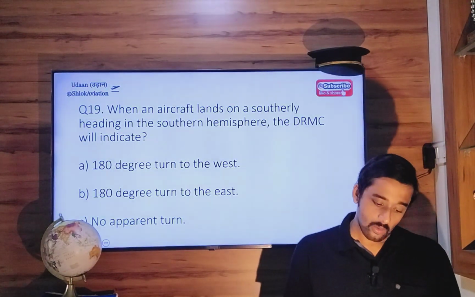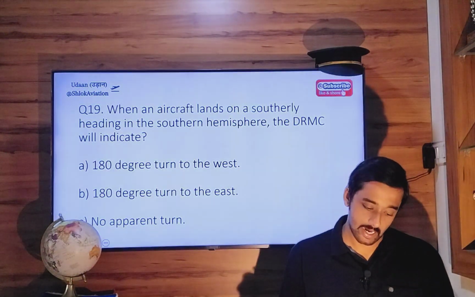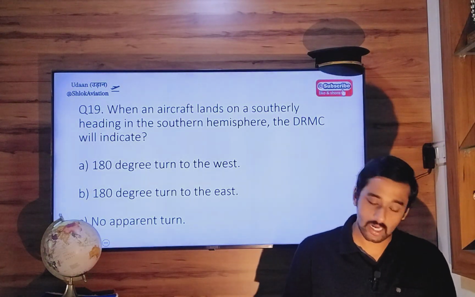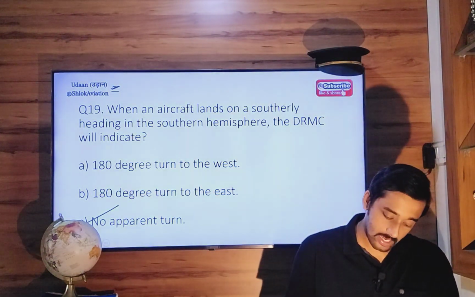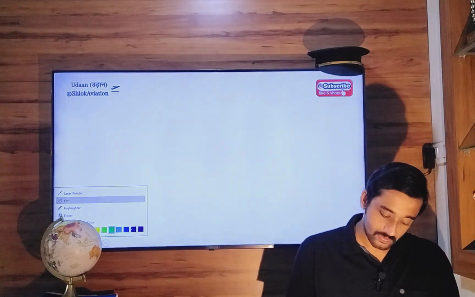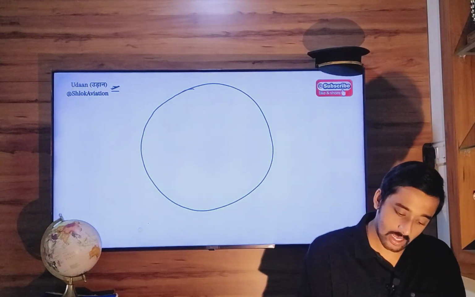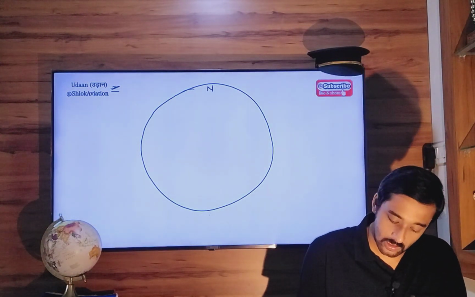Question number 8. When an aircraft lands on a southerly heading in the southern hemisphere, the direct reading magnetic compass will indicate no apparent turn. Why? So, let's say this is your Earth, okay? And this is the north pole, this is the south pole.